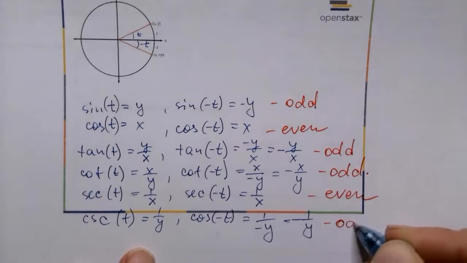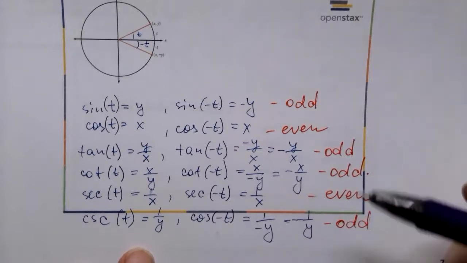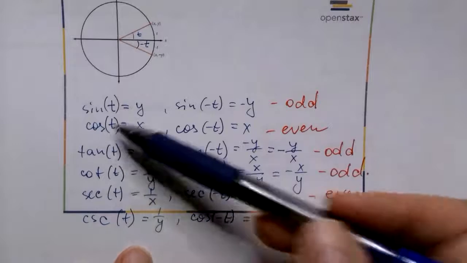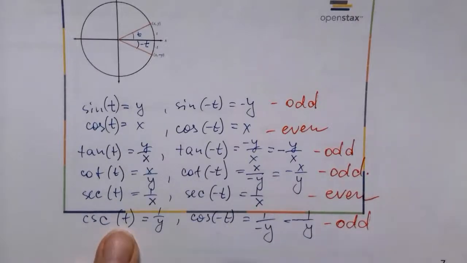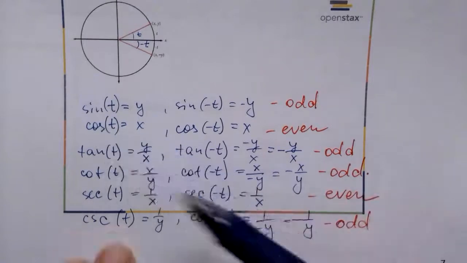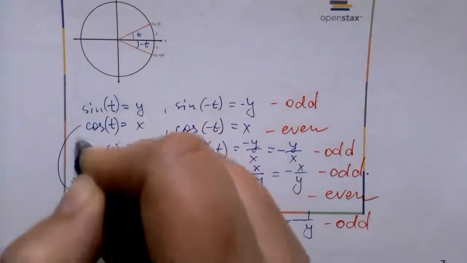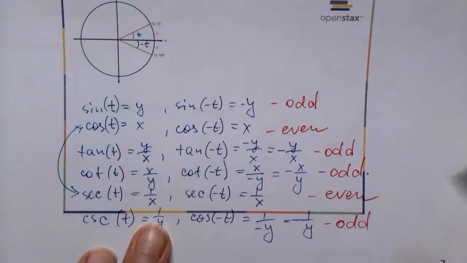So out of all 6 trigonometric functions, we have only 2 even functions. That's cosine and secant. And it makes sense because secant is the inverse of cosine, so they are connected to each other. So secant is just 1 divided by cosine.